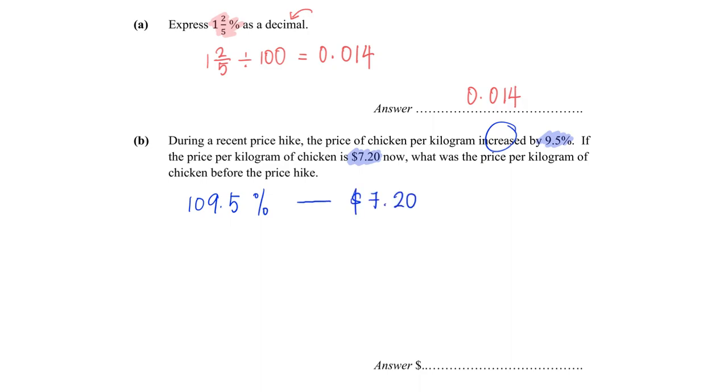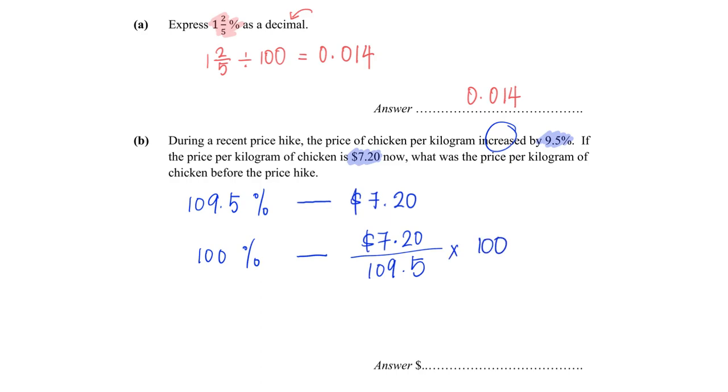This 109.5% represents $7.20. And in order to get the 100%, which is the price before the price hike, I am going to first divide by 109.5. This will give me 1%.